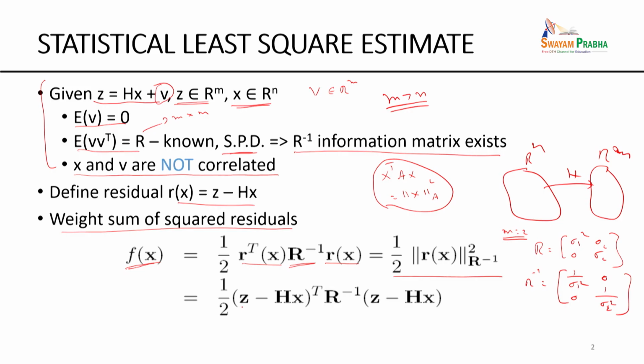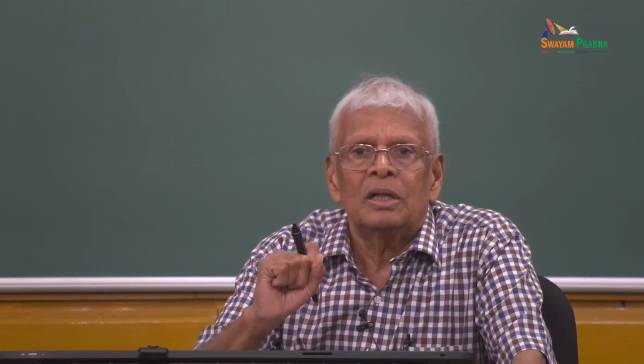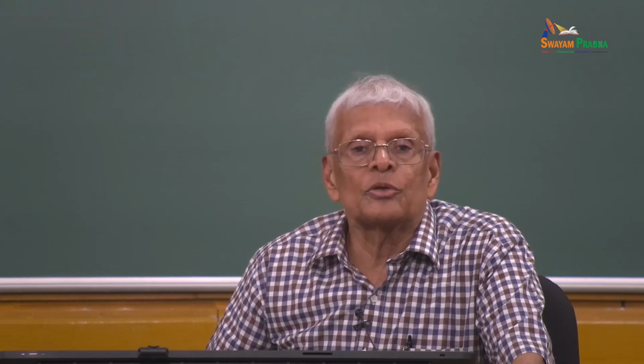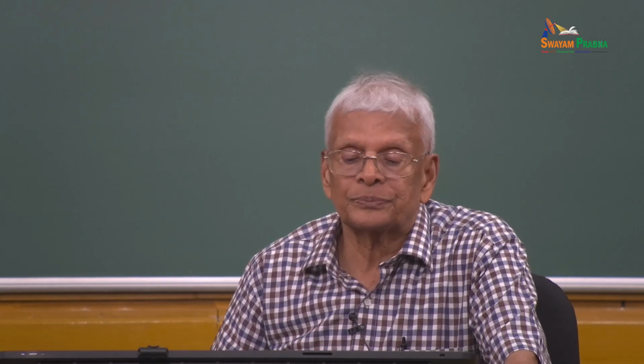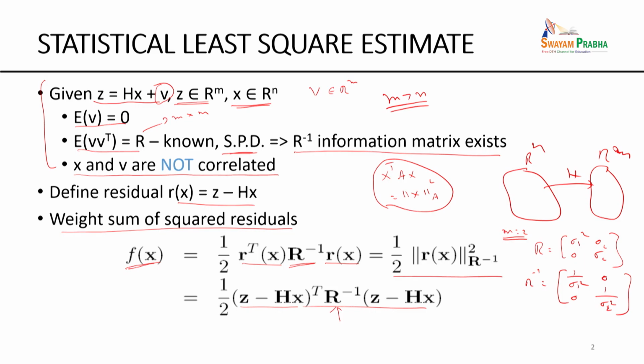And that can be expressed as this term. So f of x is the weighted sum of squared errors. The weighting function comes naturally from the information matrix relating to the observation noise. So now you can readily see a natural way to pick the weighting matrix as the information matrix associated with the observation noise. Now I want to be able to minimize this.